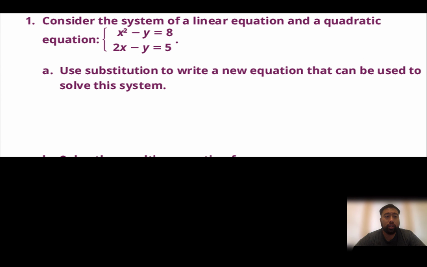All right, guys, it says consider the systems of linear equations and quadratic equation. Use substitution to write a new equation that can be used to solve a problem. So we're going to take the numbers that they give us, and we need to somehow get all this set up to 0. So this is how we're going to do that.